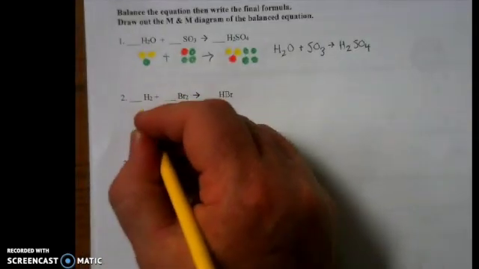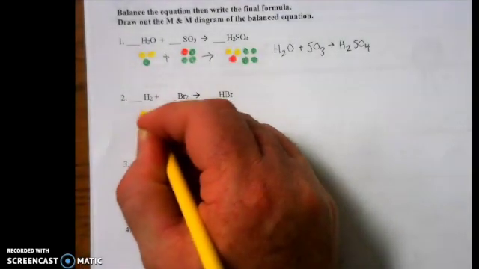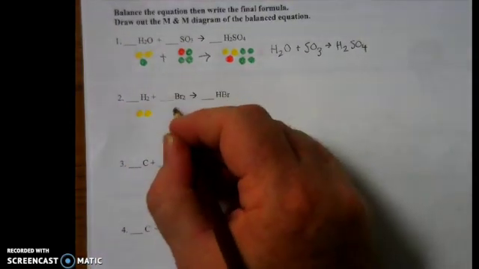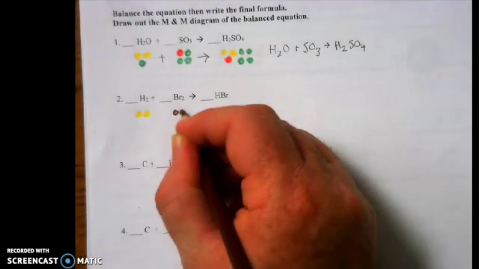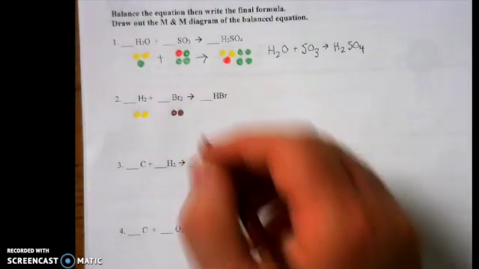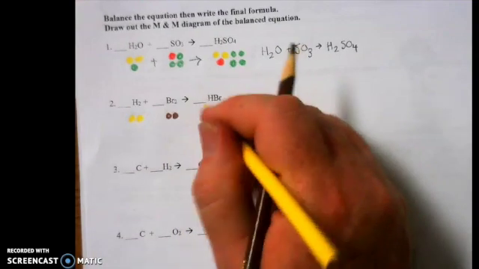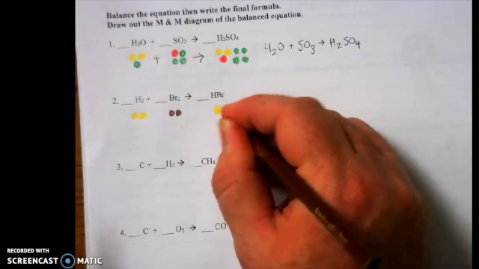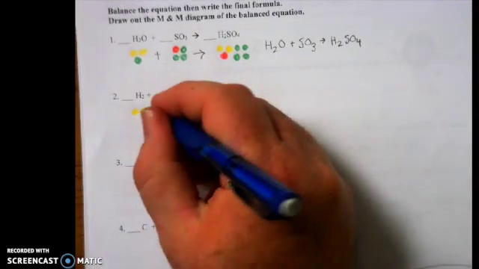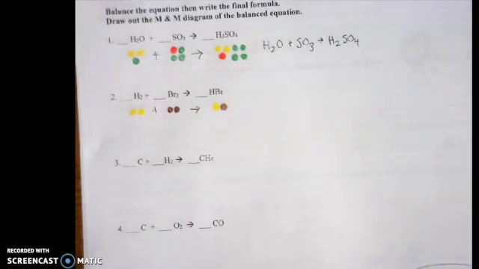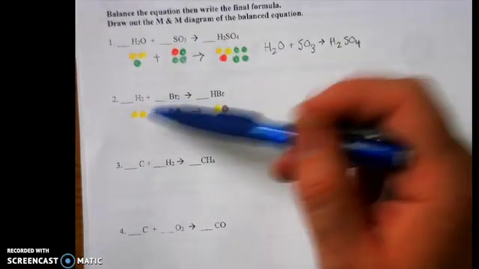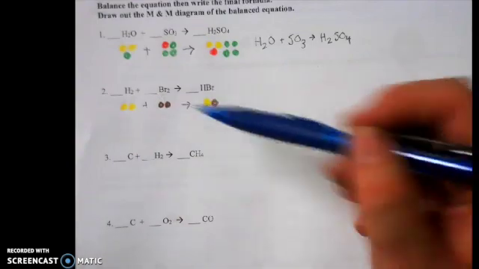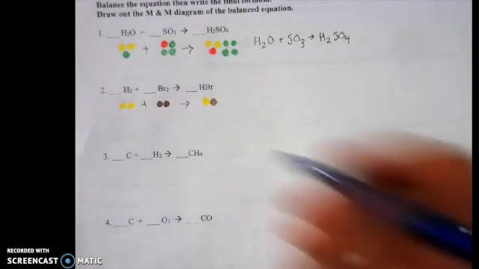Next one, 2 hydrogens, an H2 molecule, and then a bromine molecule, so 2 bromines, and those are going to yield an HBr molecule. So the left side of the arrow has 1, 2 hydrogens, the right side has only 1, left side has 1, 2 bromines, the right side has only 1.